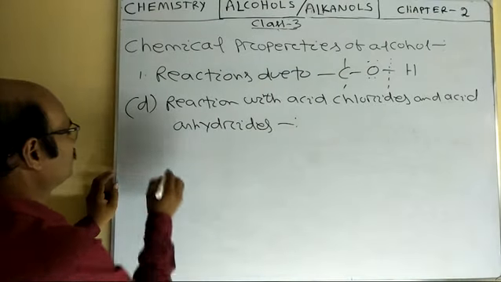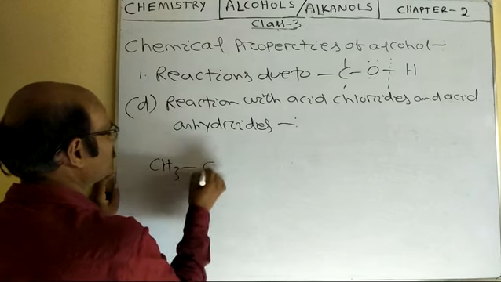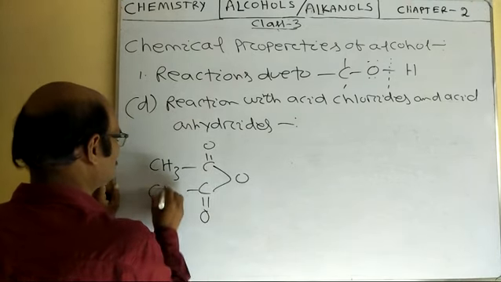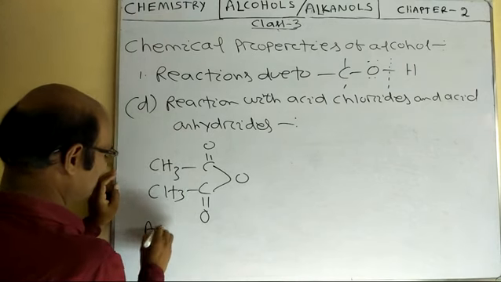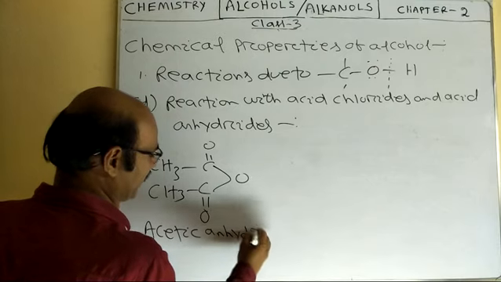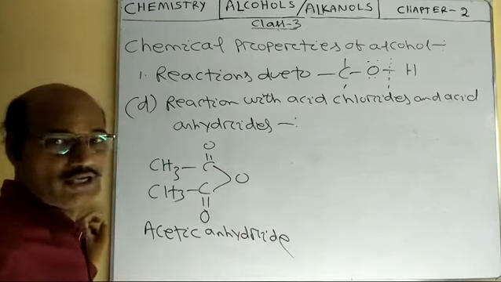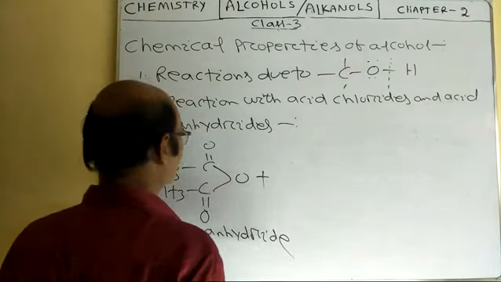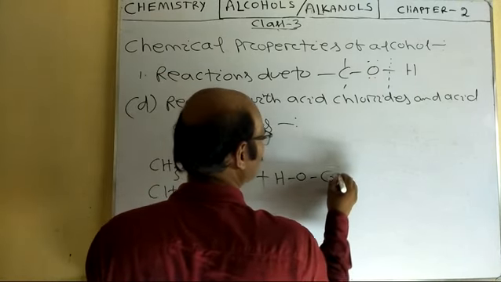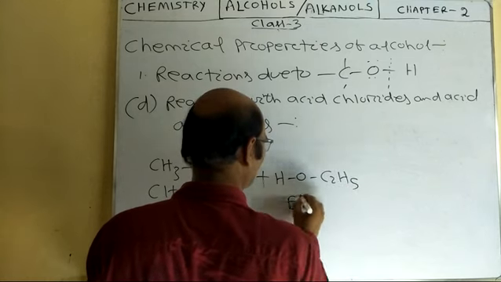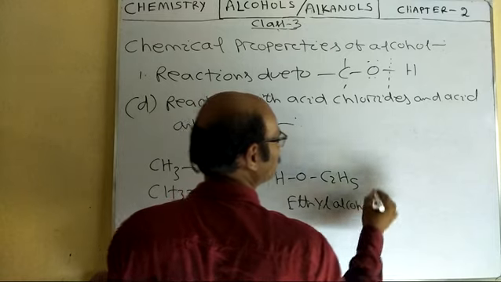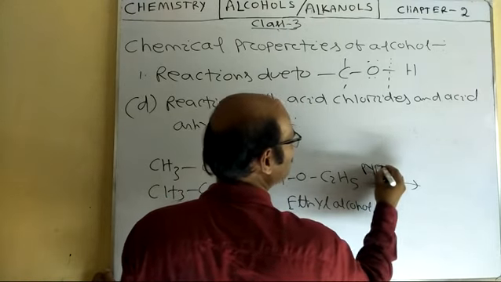So if I take CH3-C-O-C-O-CH3, this is called acetic anhydride, plus ethyl alcohol, in the presence of pyridine base.